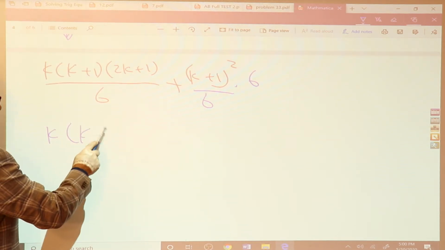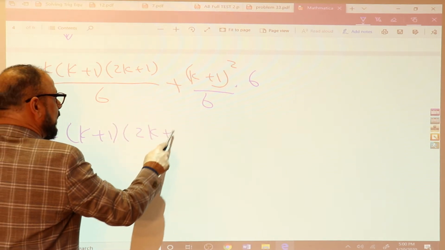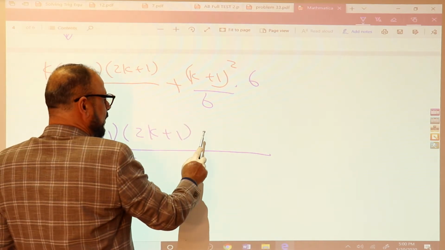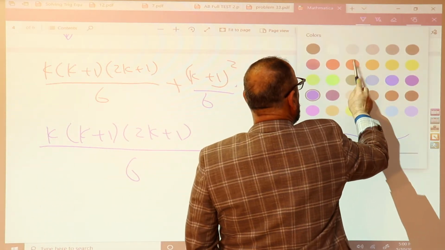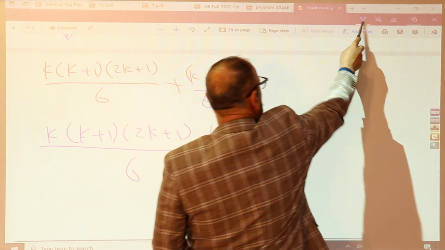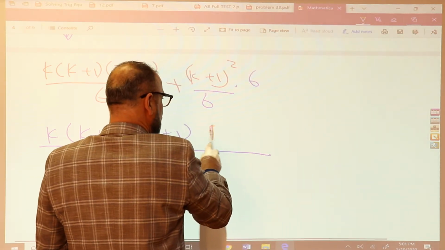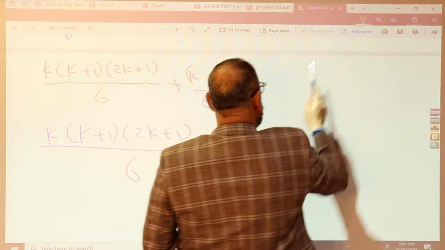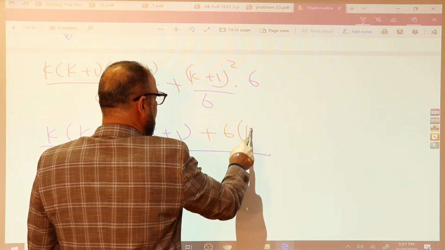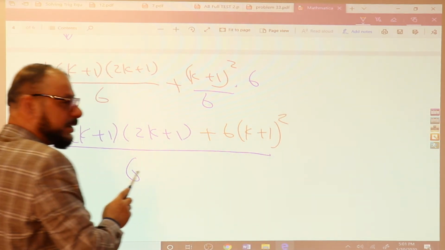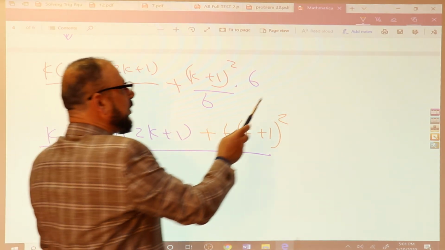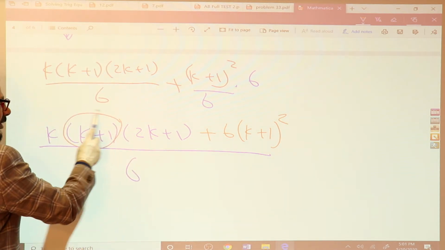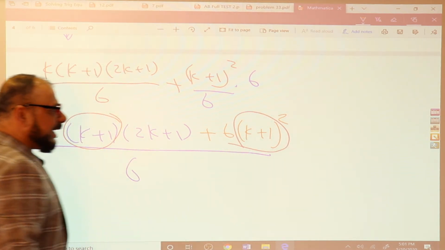Let me start doing this. k plus 1, 2k plus 1 over 6, because we have the same denominator, plus 6 times k plus 1 squared. Can you see something common here? You will see why I repeat this. This k plus 1 and this one, I can take it out as a GCF.